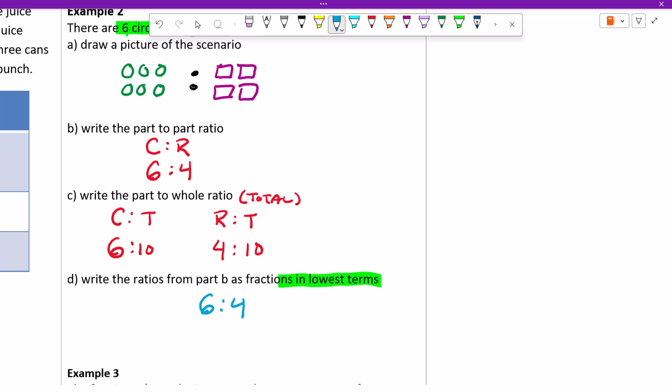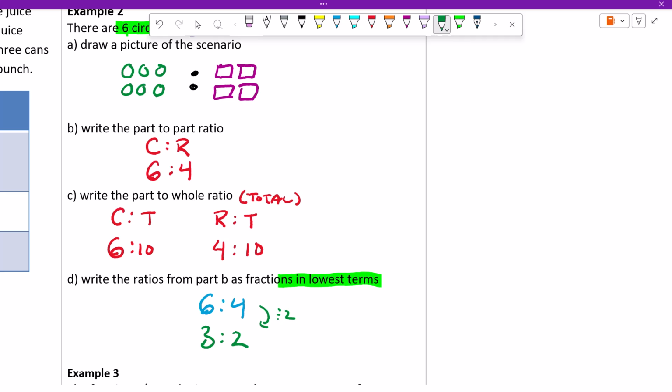We can reduce these numbers. Is there a number that can divide both 6 and 4? 2, they're both even numbers. So both can be divided by 2, and that's 3 compared to 2. So for every 3 circles, we have 2 rectangles. It means the same thing, but working with smaller numbers makes the comparison a little bit easier to do.